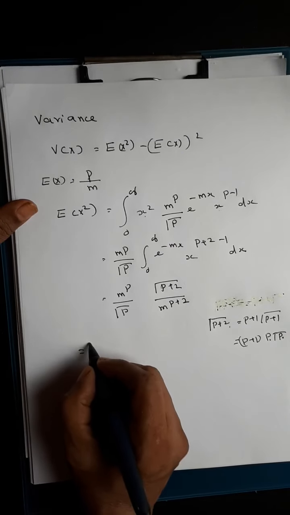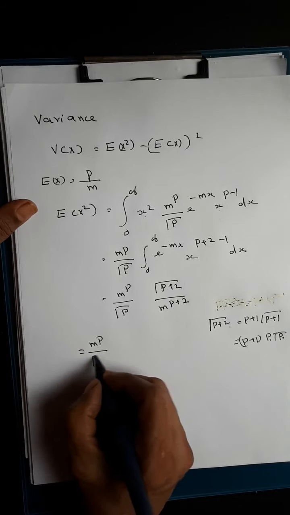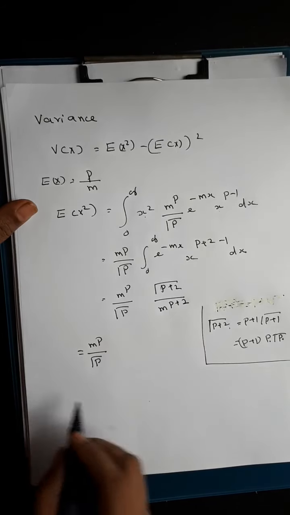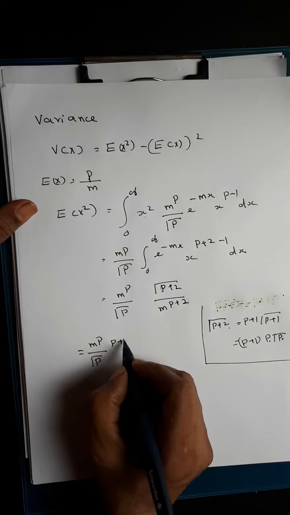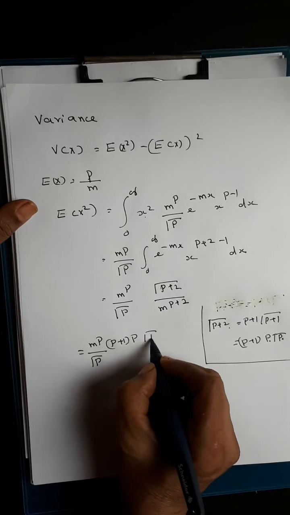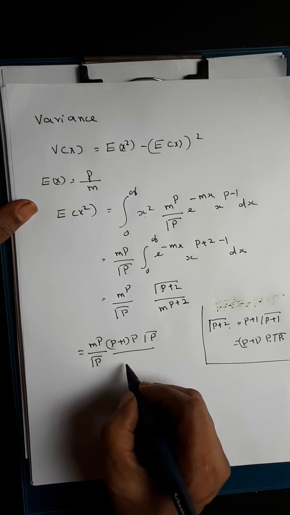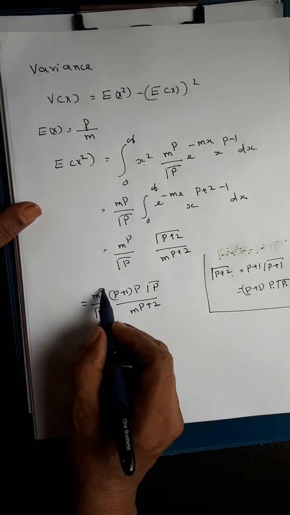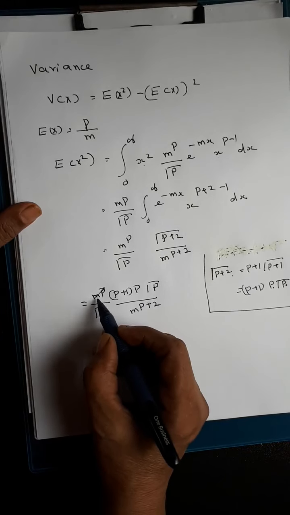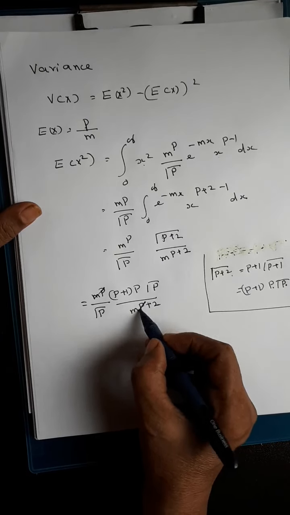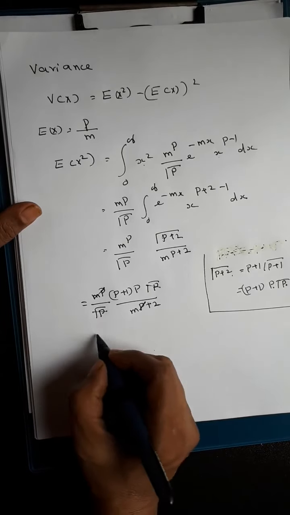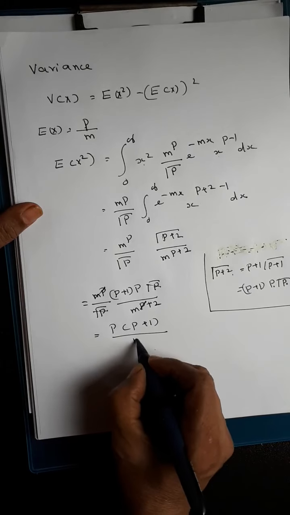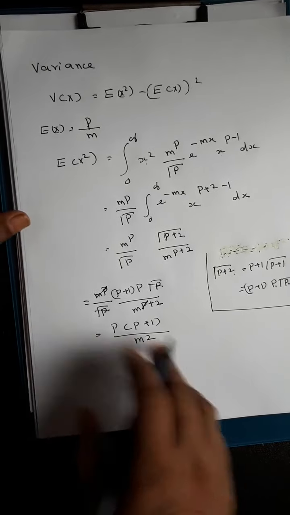So this becomes m raised to p divided by gamma p, into p plus 1 into p into gamma p divided by m raised to p plus 2. The m raised to p and m raised to p plus 2 get cancelled, gamma p cancelled.